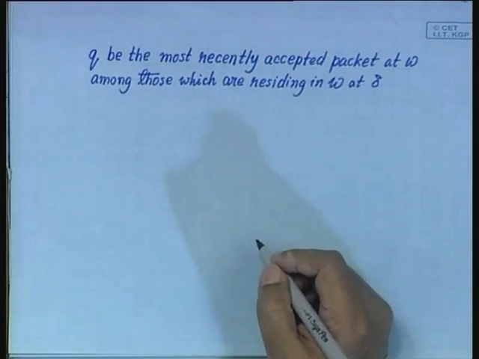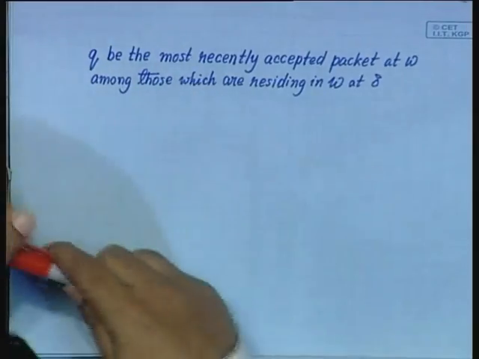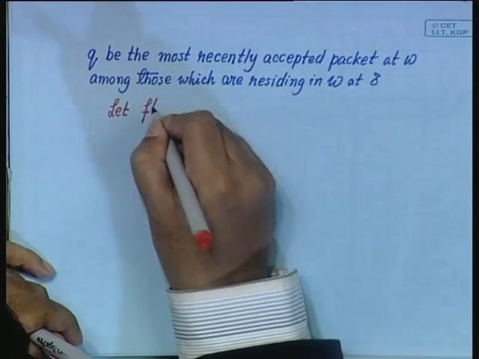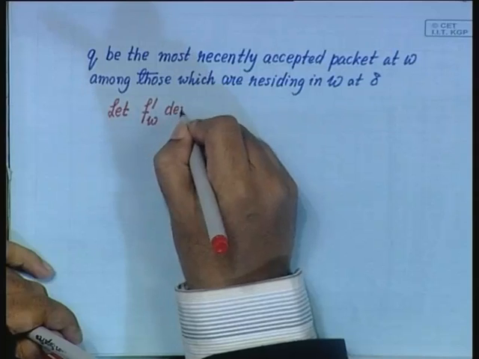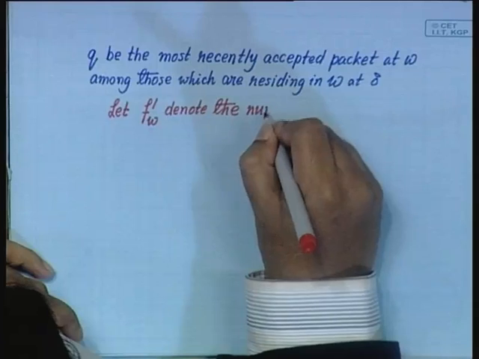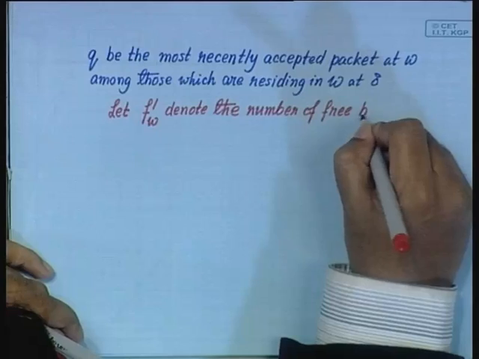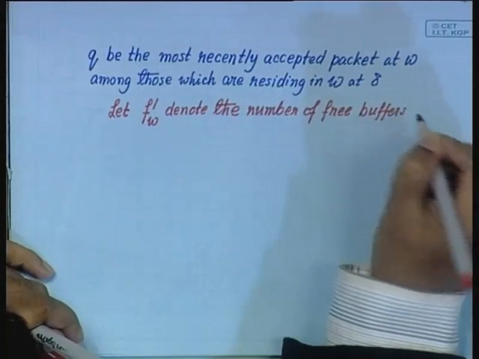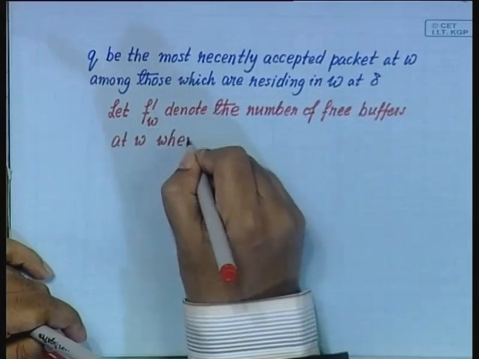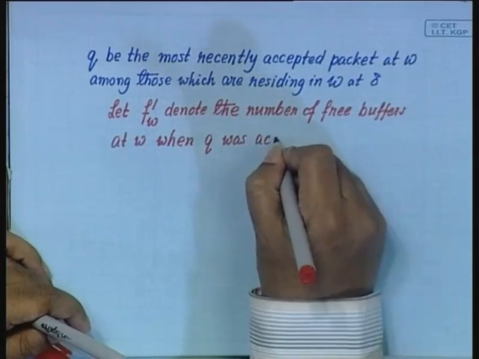Now let F dash W denote the number of free buffers at W when Q was accepted.